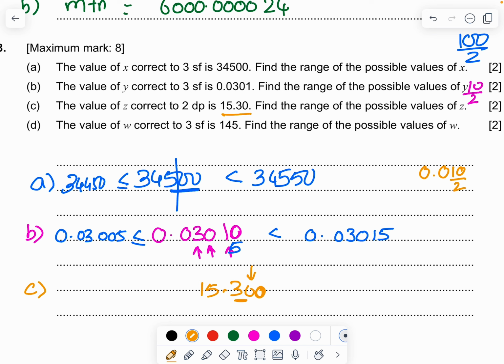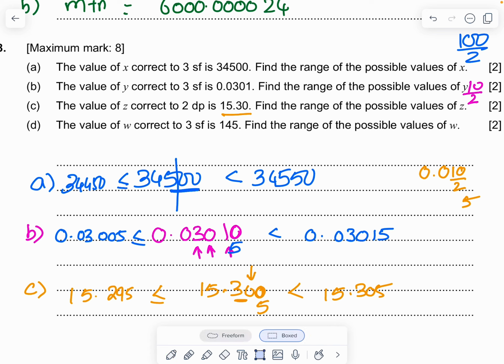So 10 divided by 2 is 5. Add 5, subtract 5. So it becomes 15.305 and 15.295. So after 2 decimal places, write that zeros and divide by 2.